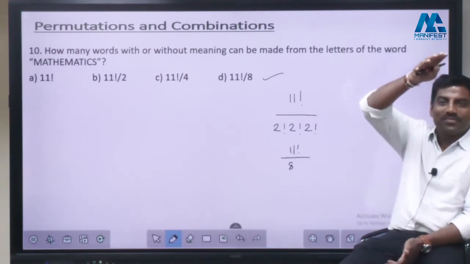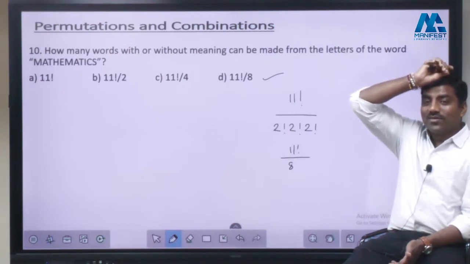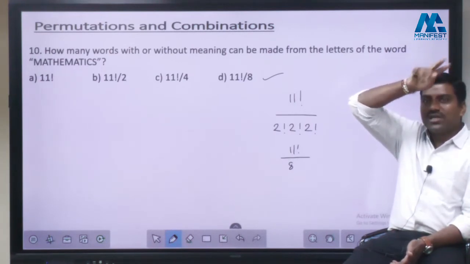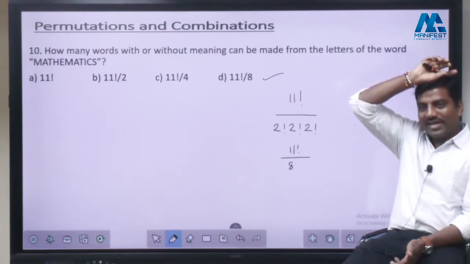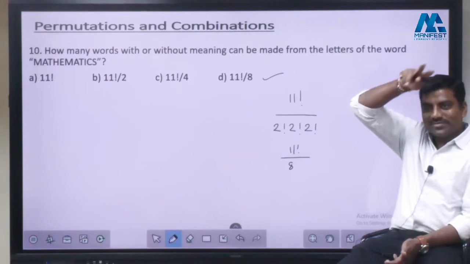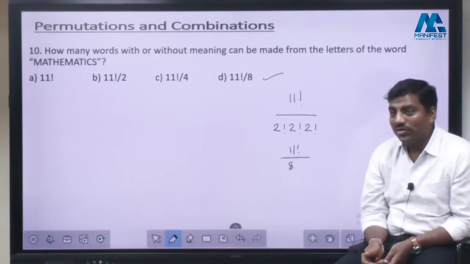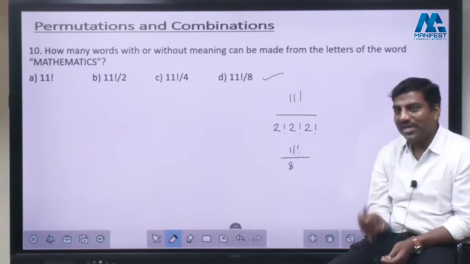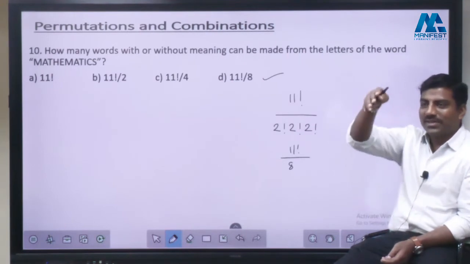Quick. Okay. 11 factorial by 12. That is 3 factorial into 2 factorial. A's are 3. Then H are 2. 7 factorial by 2. What are the repetitions? A. Same.